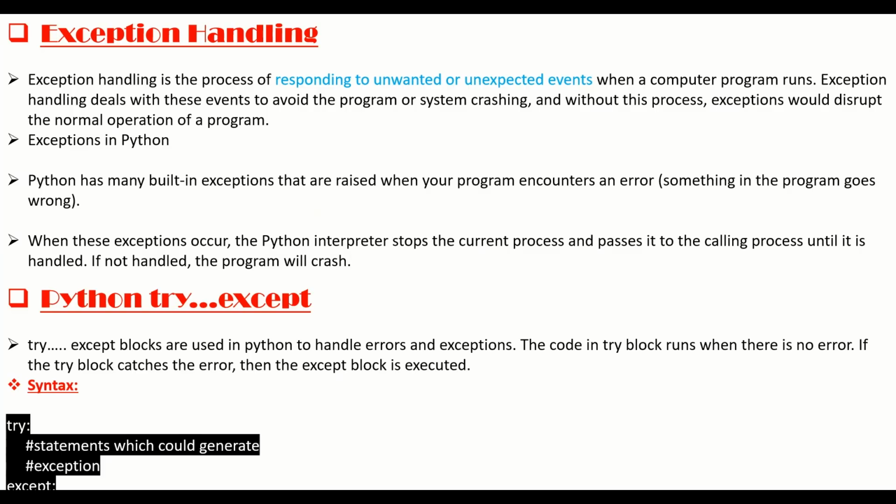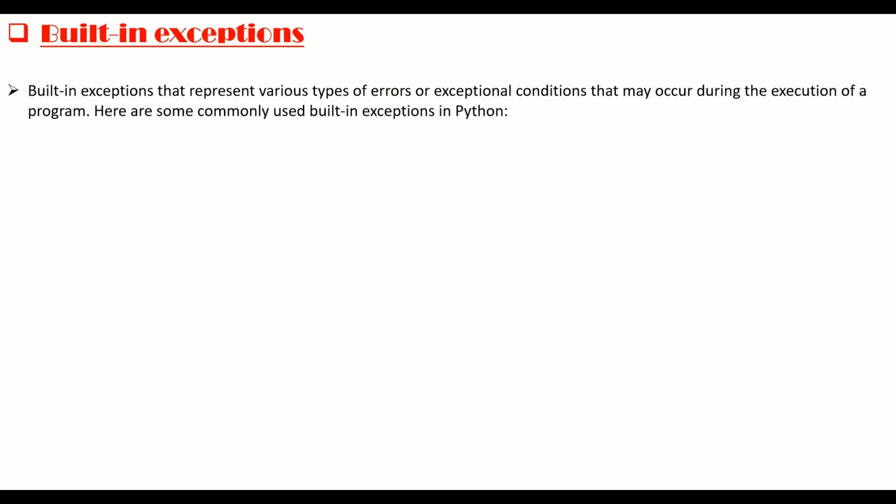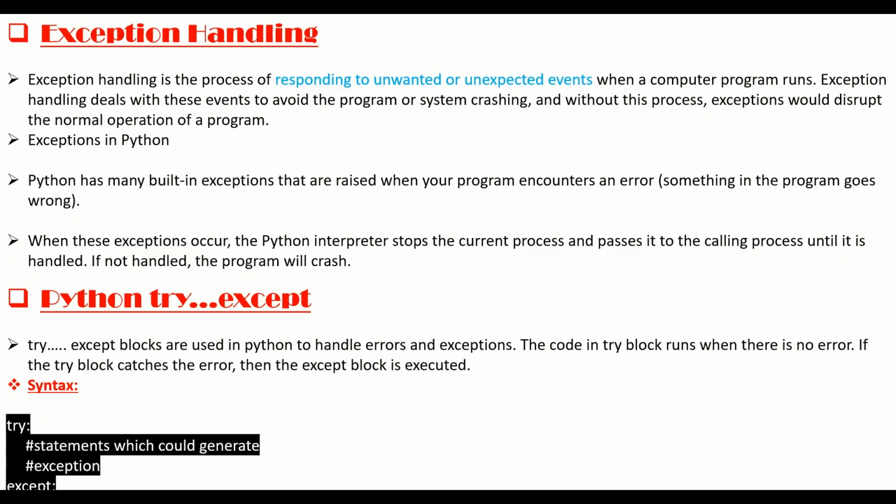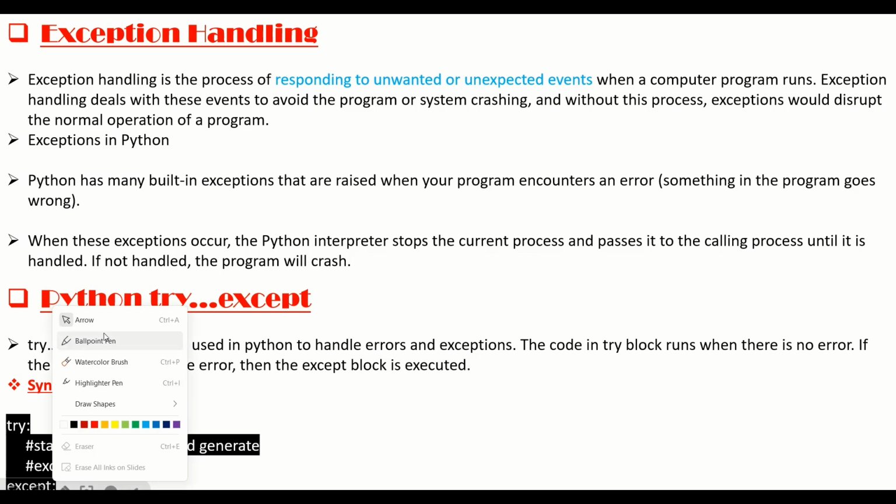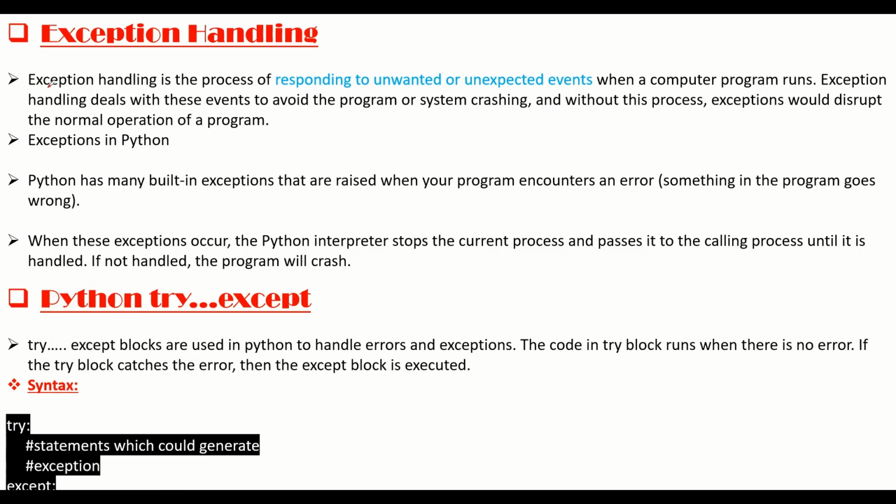So alright everyone, I hope you understand what exceptions in Python are. The next topic is exception handling. It is a very important topic. Exception handling is a process of responding to unwanted or unexpected events.